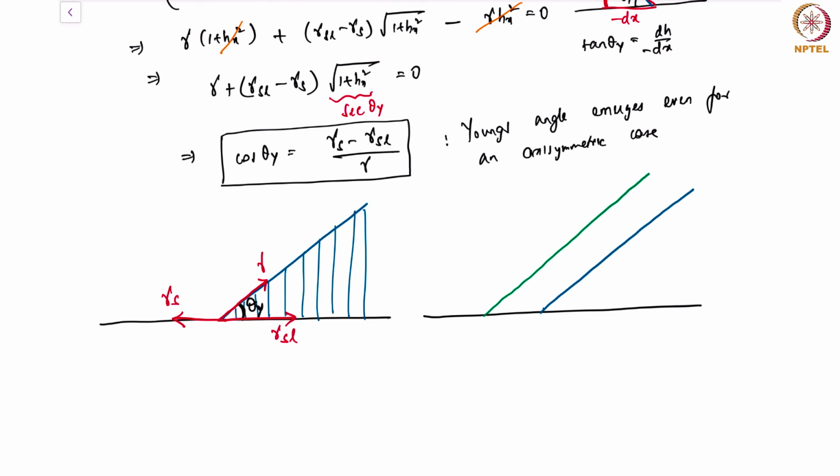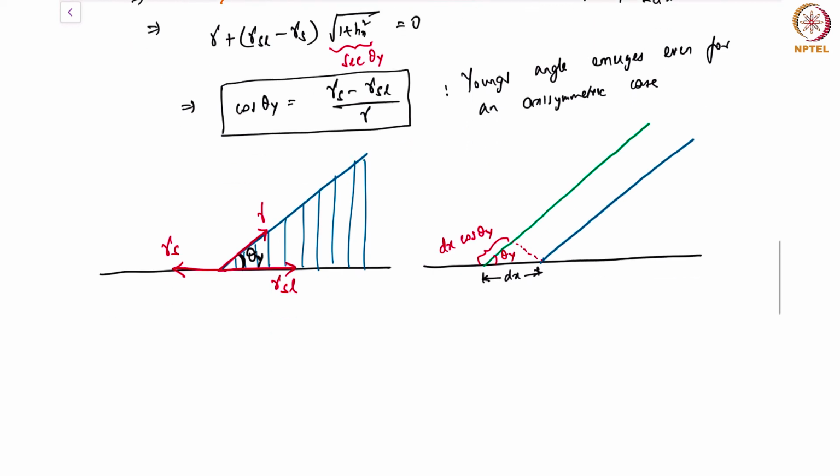So the angle has not changed, but the interface has moved by a distance of dx. And in the process, we have created an extra surface here, which is dx times cosine of theta y. This is theta y. The angle remains the same. Now, what we want to do is find out the work done moving the contact line by distance dx.